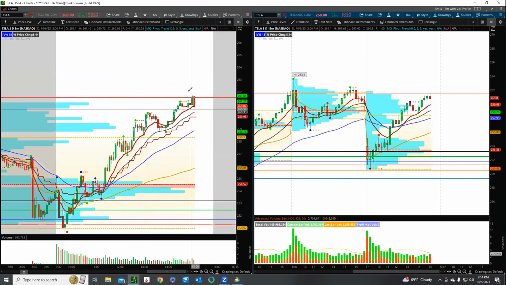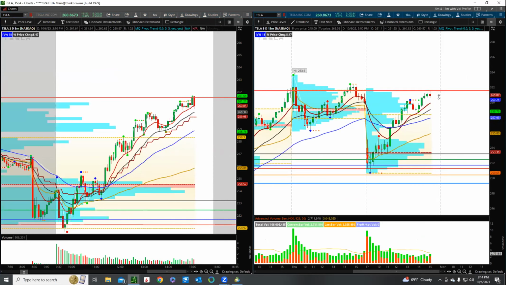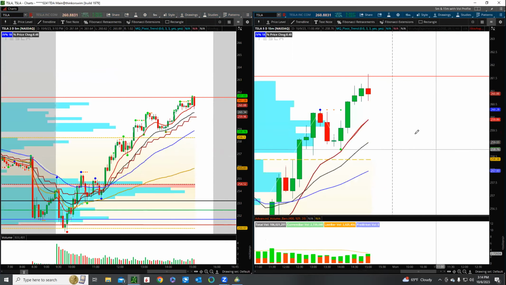All right. So what I do like right here on the 15 is that we're getting some type of a shooting star, let's see if we can finish this with one. We're not yet breaking the lows from here. What I don't want to do is get caught in a trap.